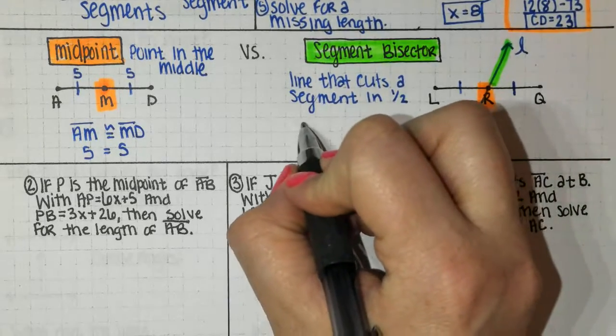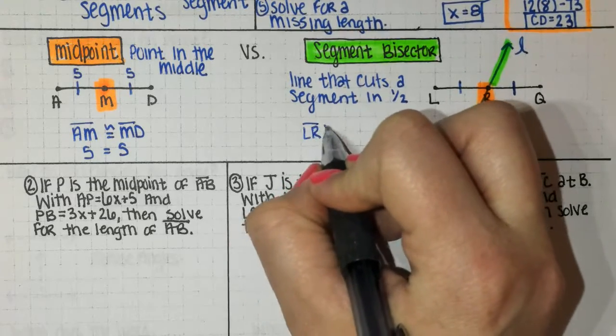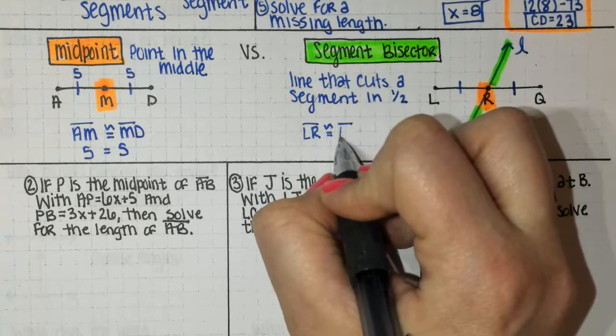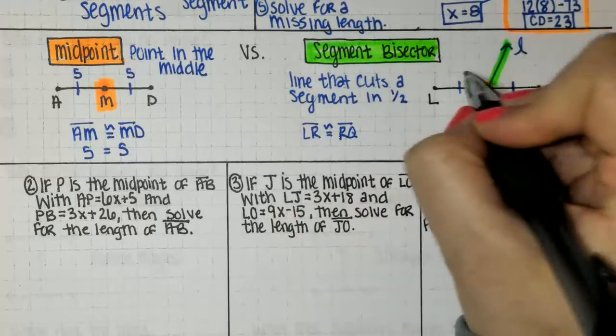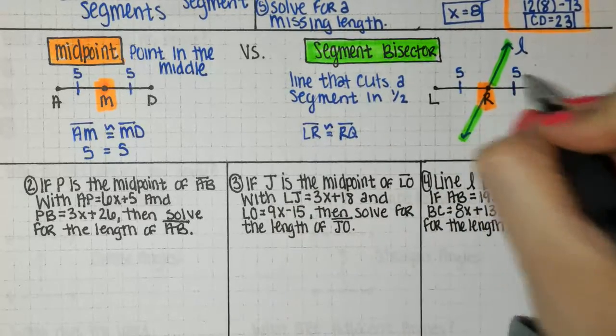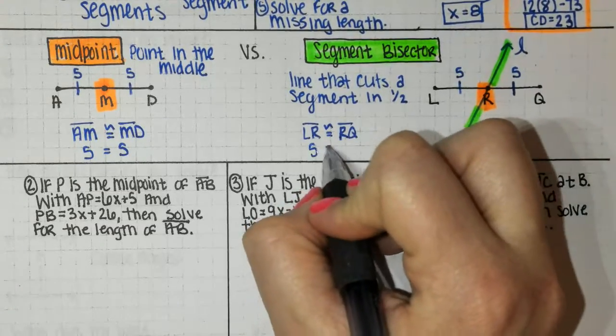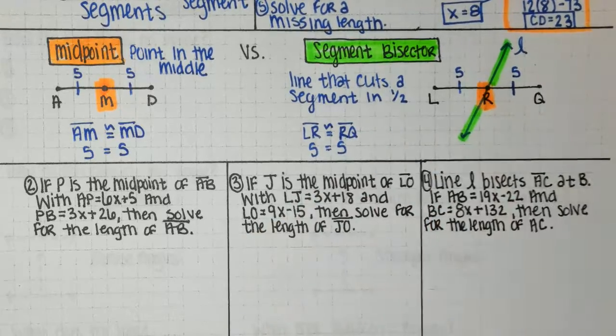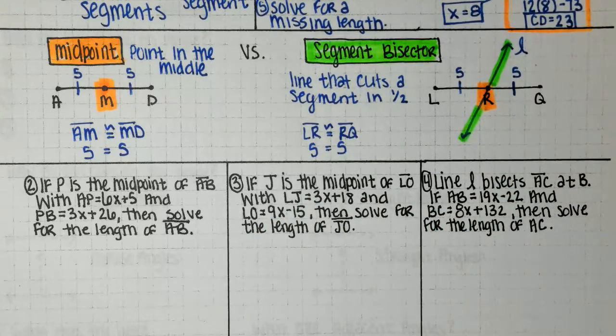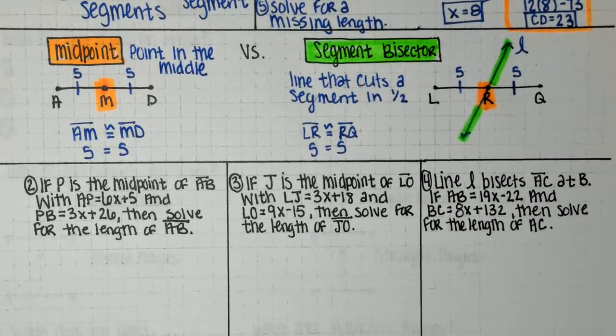So segment LR is congruent to segment RQ. Same thing. If this is 5, so is this one. 5 equals 5. Now, I'm just making up that random number. It doesn't mean anything. You could use 187 equals 187. It's the same thing. I'm just choosing a small number to have this be a little bit easier to understand.